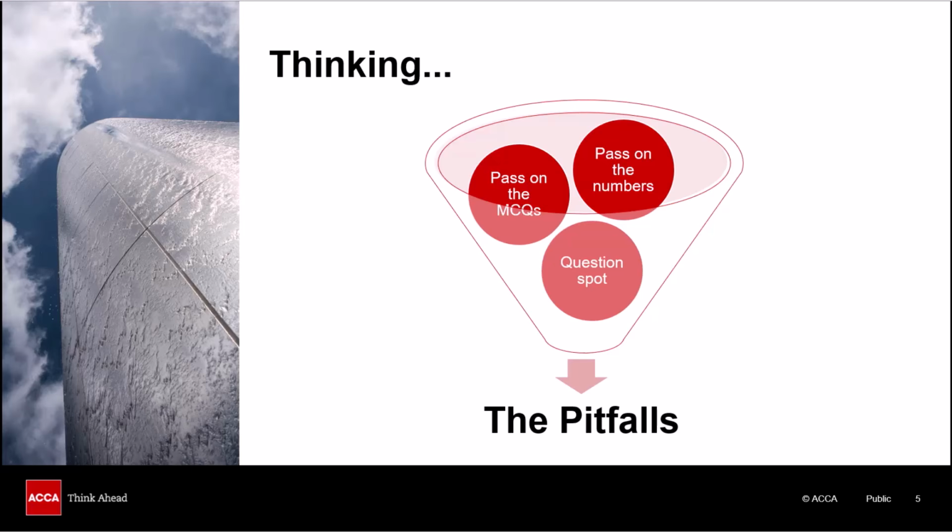This is a significant challenge. They also have potentially 50% numbers and 50% discursive, and they have lots of syllabus areas that students feel they don't need to look at to be able to pass the paper. These are all pitfalls. You really mustn't fall into thinking that you can pass on the MCQs, pass just on the numbers, and you can question spot.